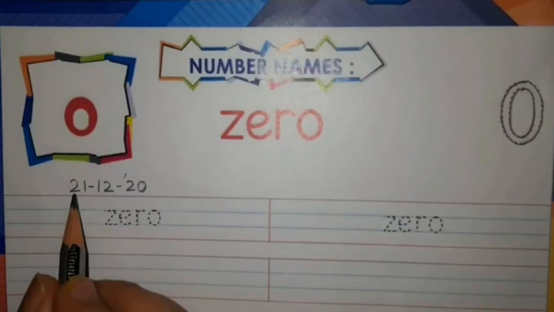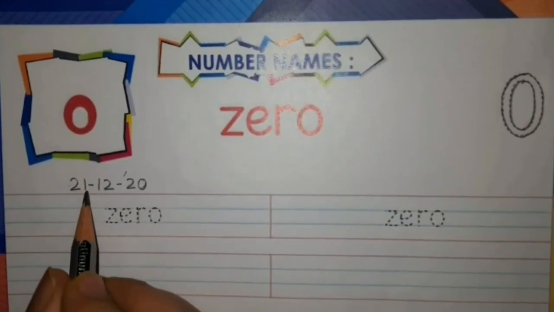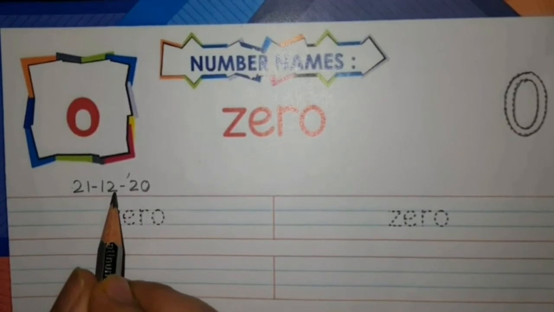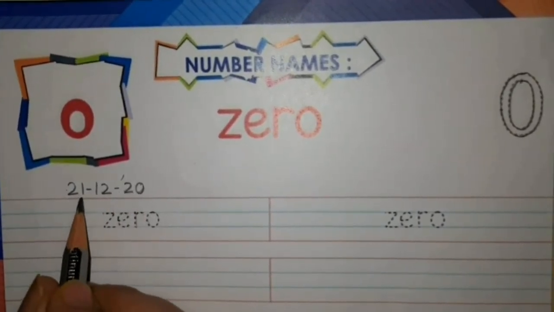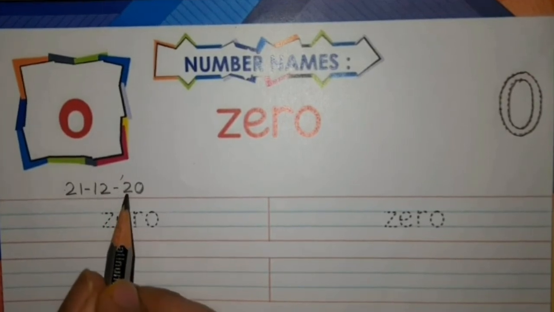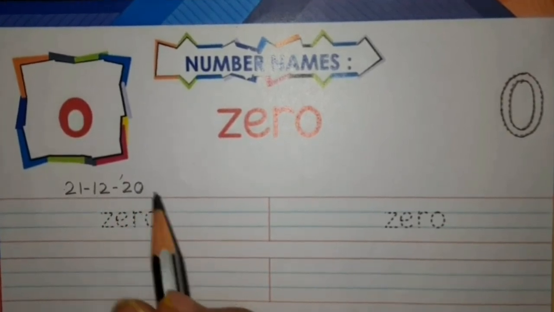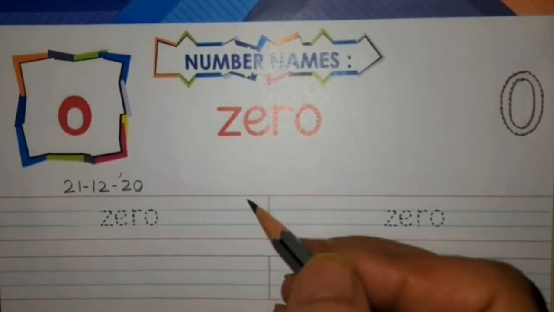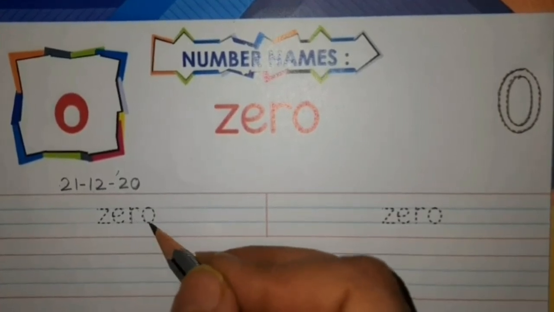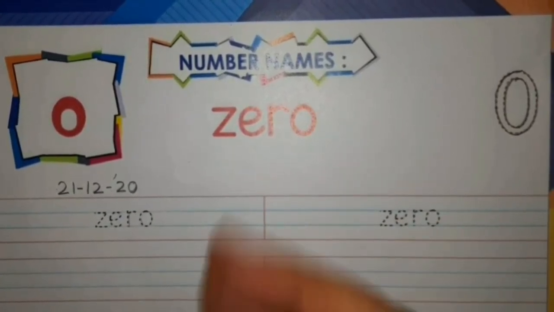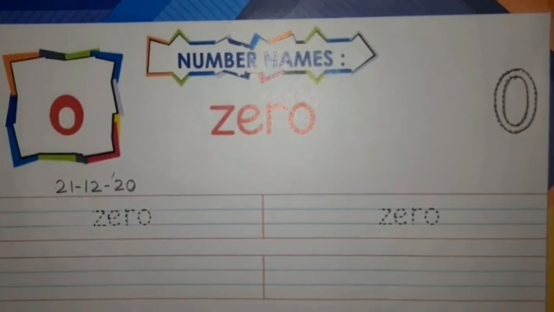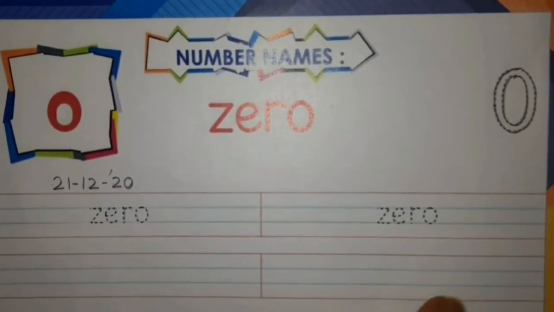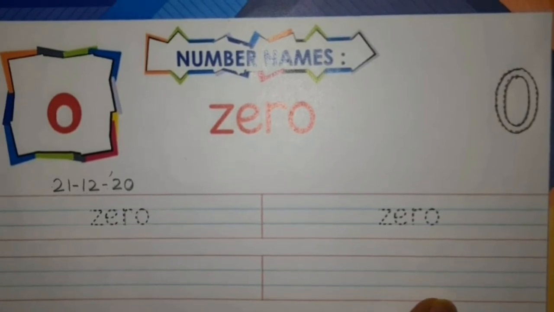What is today's date, children? 21st of December 2020. Today we are going to write, children, number name 0 on this page. But today we will do only half page of our classwork book, and the other half we will be doing tomorrow.